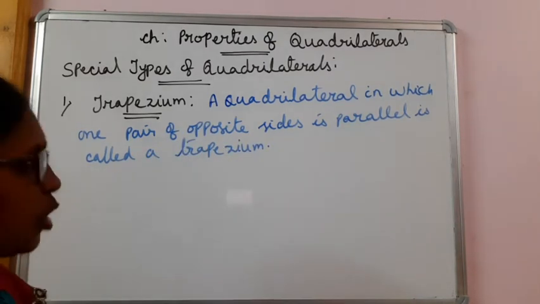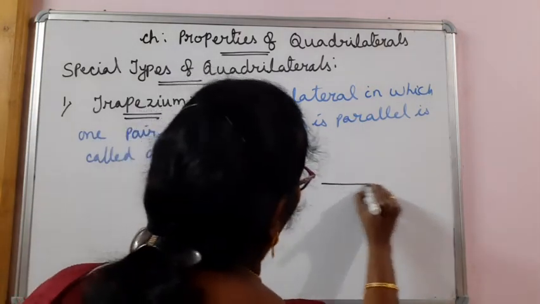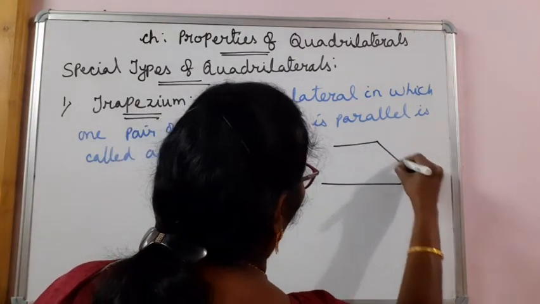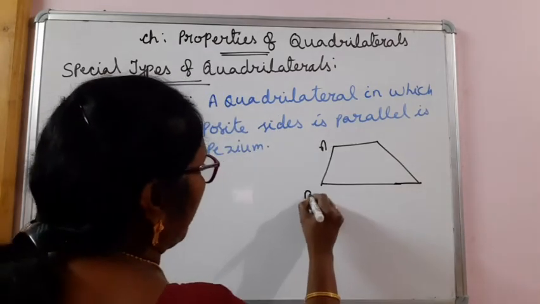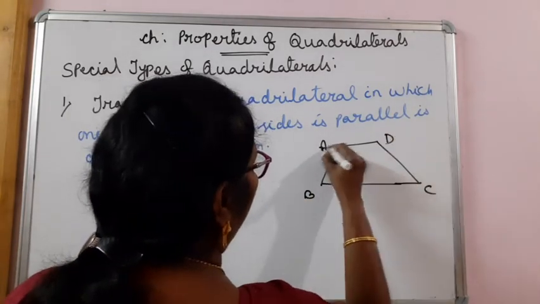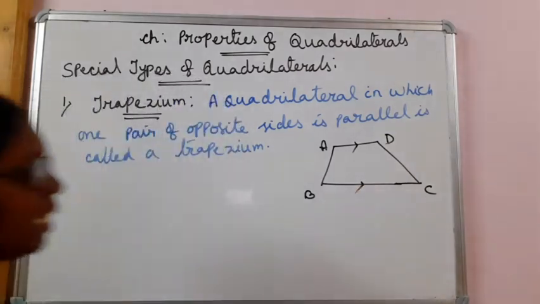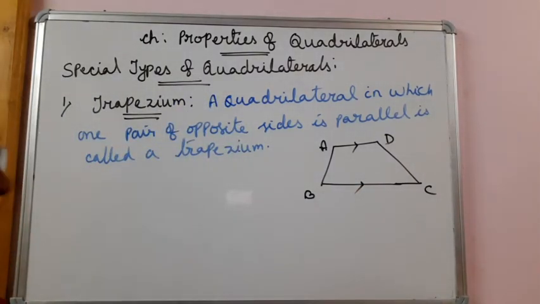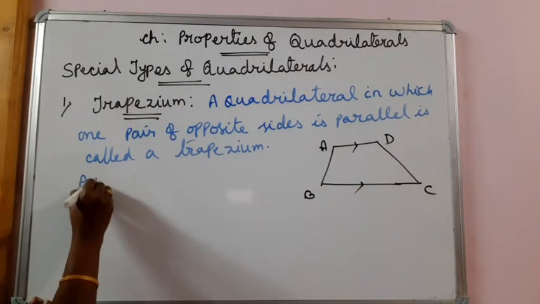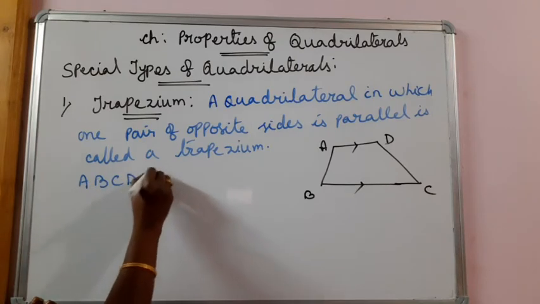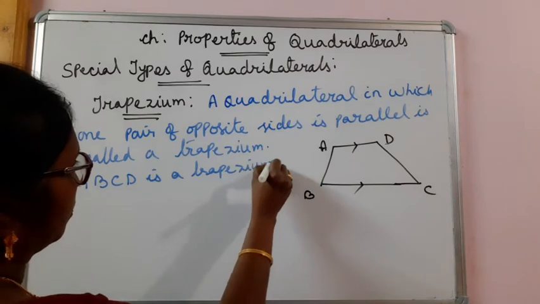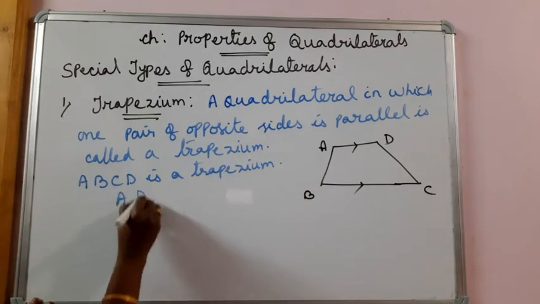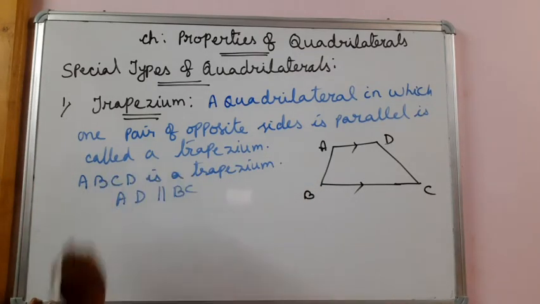Let me draw that and show you. ABCD is a trapezium because here AD is parallel to BC.